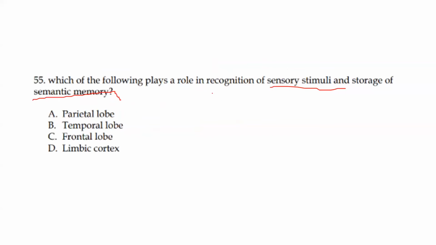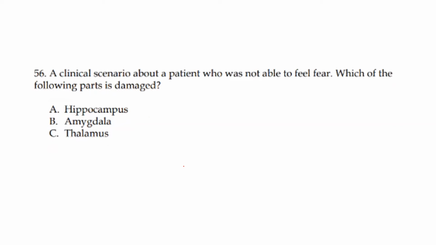So they had difficulty recognizing sensory stimuli and pulling out from their semantic memory. And so in this case, the answer is going to be B, the temporal lobe. Okay. The limbic cortex, right, or specifically the hippocampus, does handle memory. However, in that case, it's only going to handle short-term memory, right? And it's going to handle emotions instead. Okay, is that clear? Hopefully.